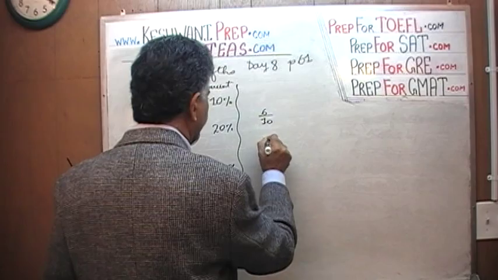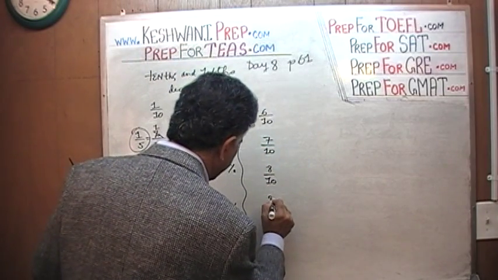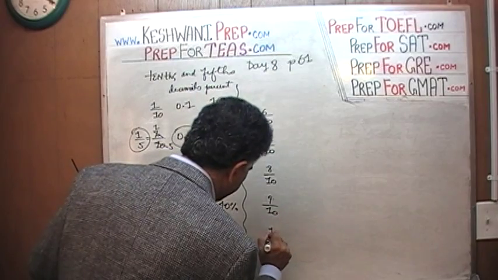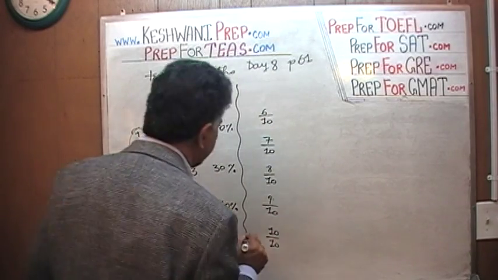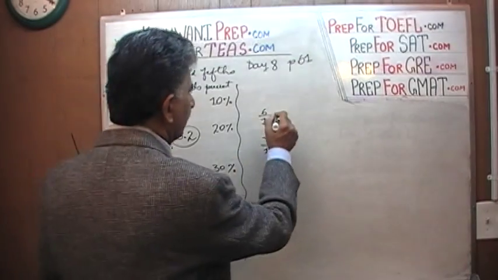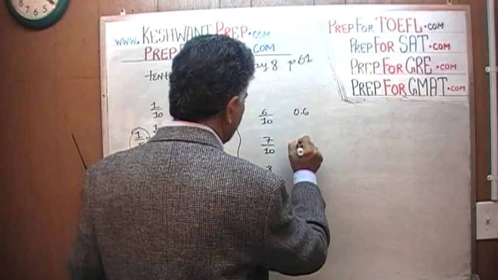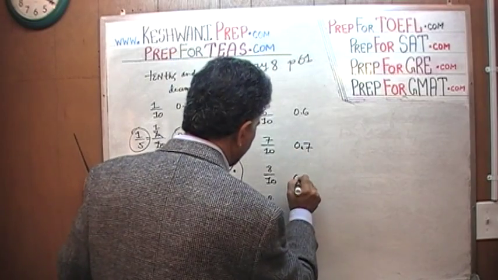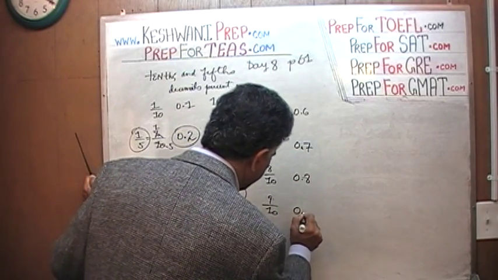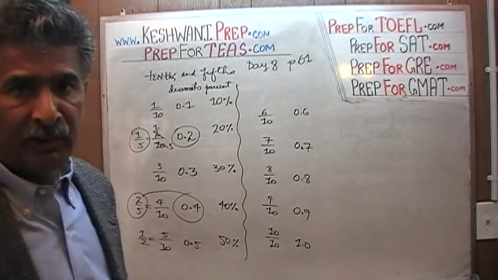Six-tenths, 7/10, 8/10, 9/10, and 10/10. Again, 6/10 can be written as, well, let's first worry about the decimal, which is 0.6, 0.7, 0.8, 0.9, and this is just 1.